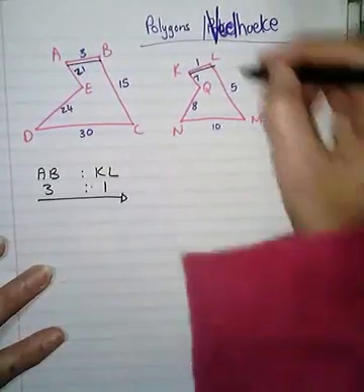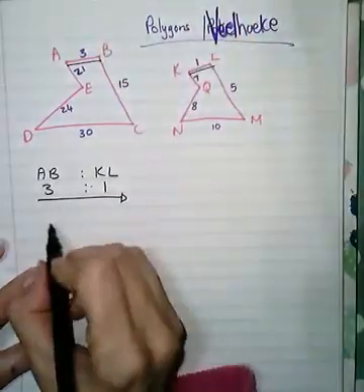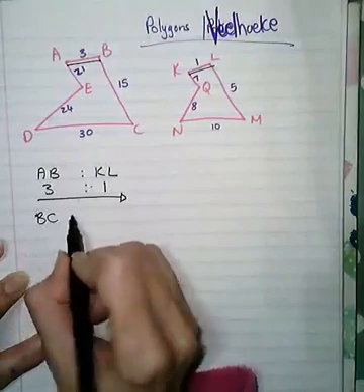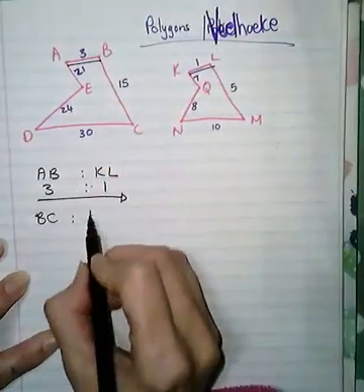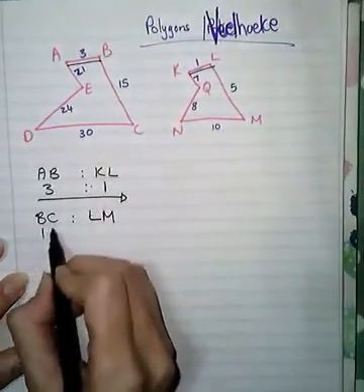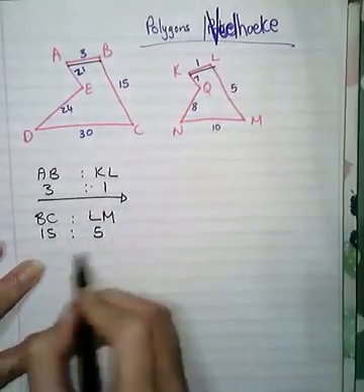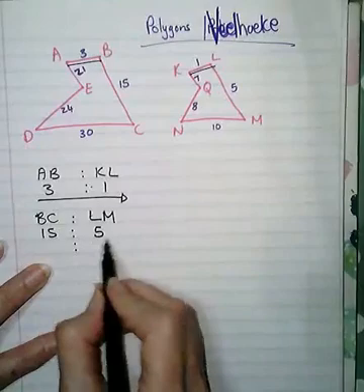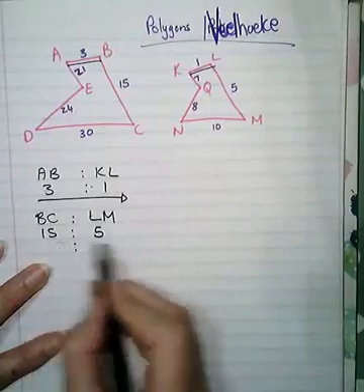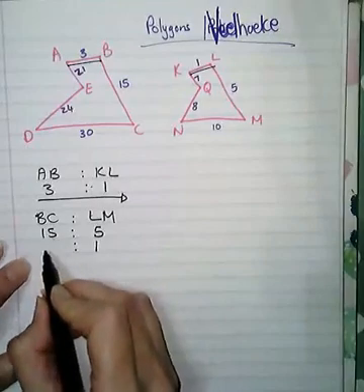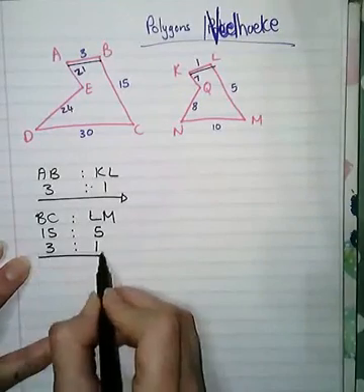Let's take BC and LM. BC is 15, LM is 5. Ons vereenvoudig dit deur te deel met die grootste gemene deler wat 5 is. 5 gedeel deur 5 is 1. 15 gedeel deur 5 is 3. So the simplest ratio is 3 to 1.